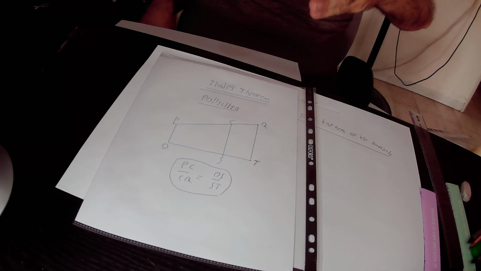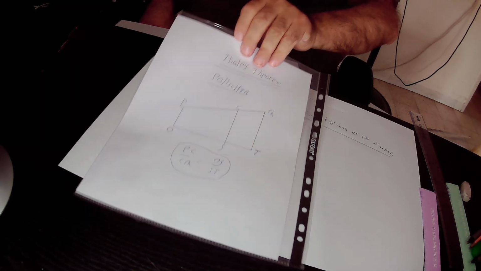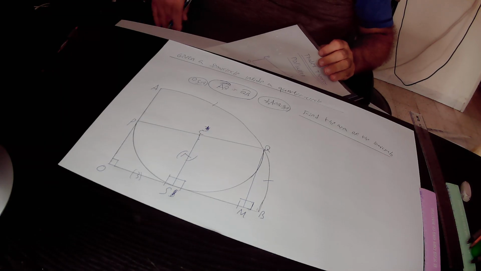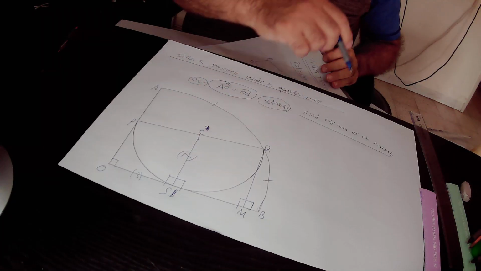So whenever you have three or more parallel lines, you can implement Thales' theorem. In this case, we have three parallel lines, and therefore you can implement this theorem in our drawing.